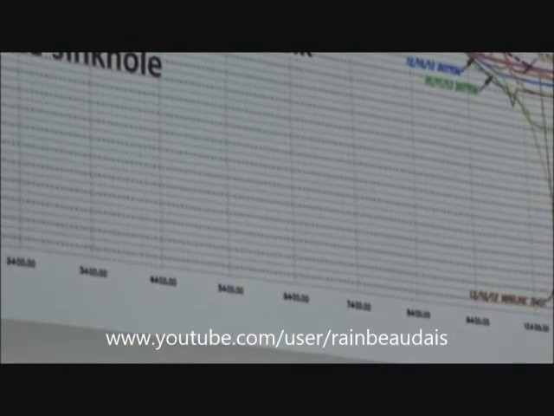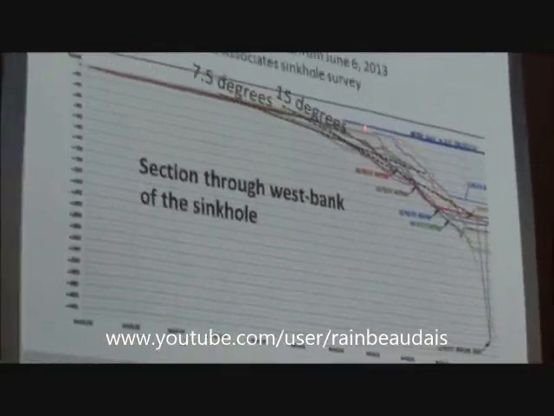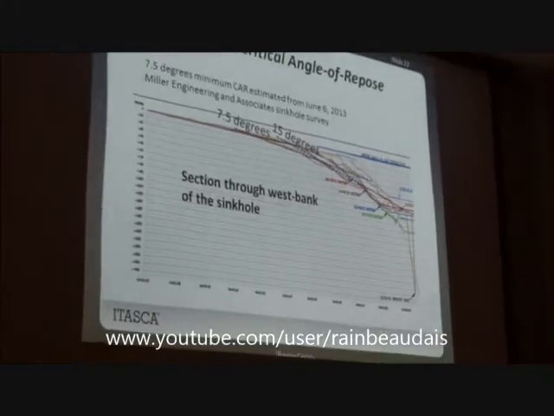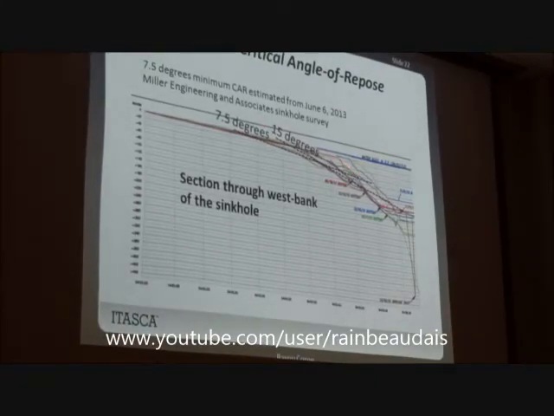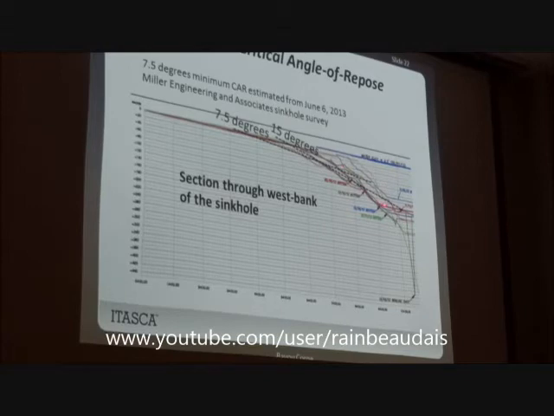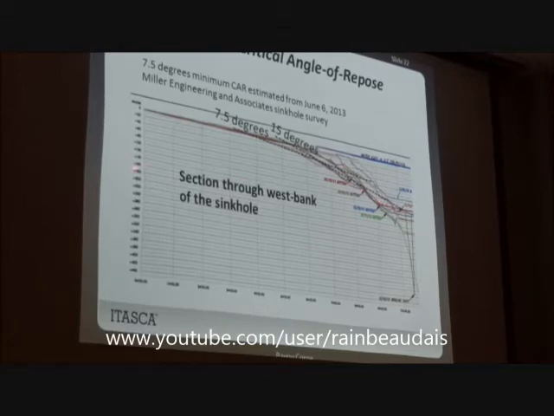This is the surveying that's being done across the sinkhole. This is a depth profile, showing a measurement of the sinkhole down to about 160 feet. What this is showing you is this angle of repose. As I mentioned before, what we were thinking at the beginning was this would be about 25 degrees.